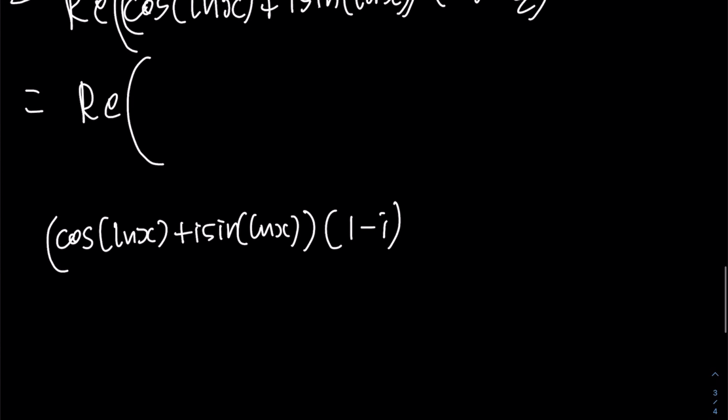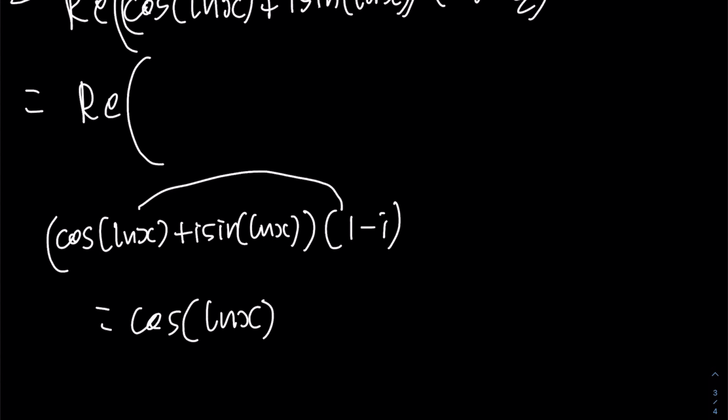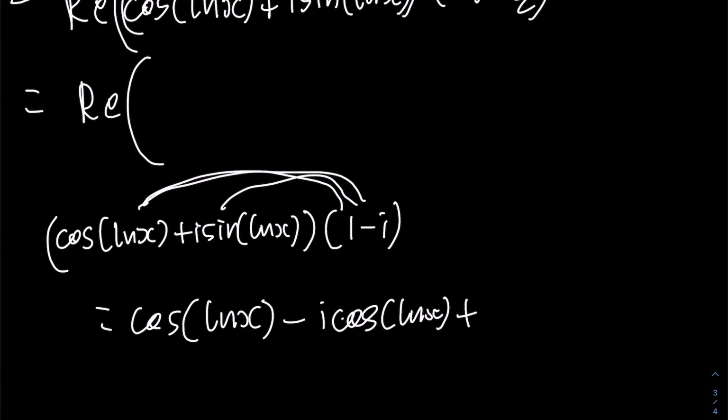So first thing, we take this multiplied by that, so this is equal to the cosine of ln x, and then next thing, we take this multiplied by that, so we have minus i times the cosine of ln x. Now we take this multiplied by that, so plus i sine of ln x, and then finally we take this multiplied by this.